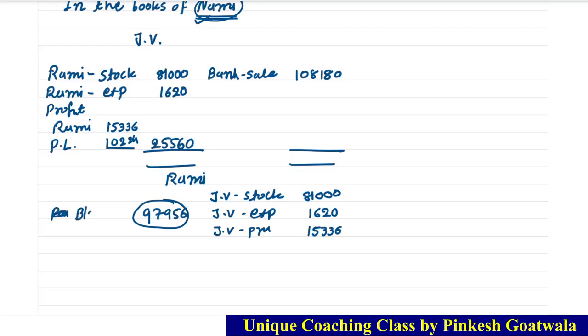Here you can write the closing balance or payment or bank draft. Normally bank draft is used in real life. So you can write here closing balance or maybe bank draft. Both are allowed.